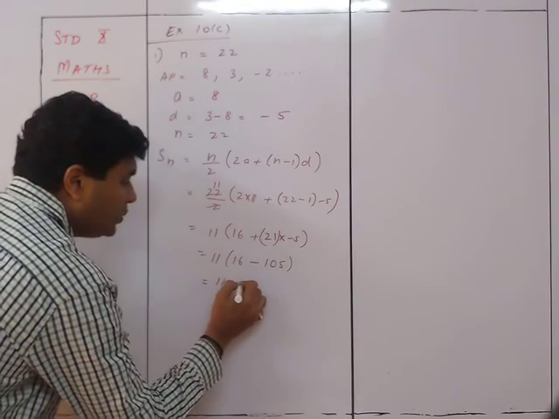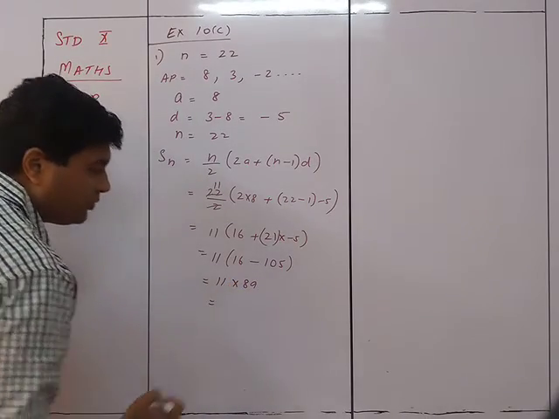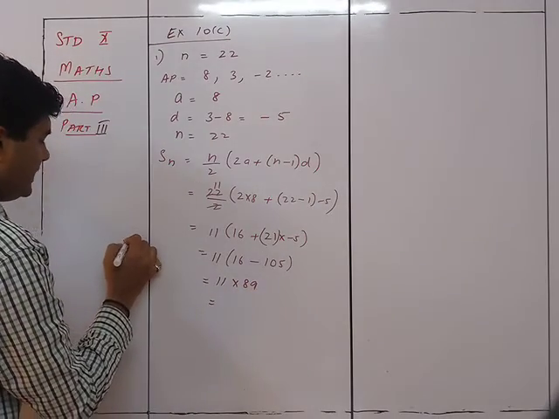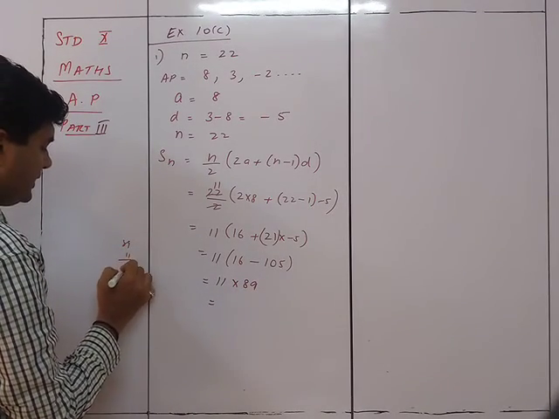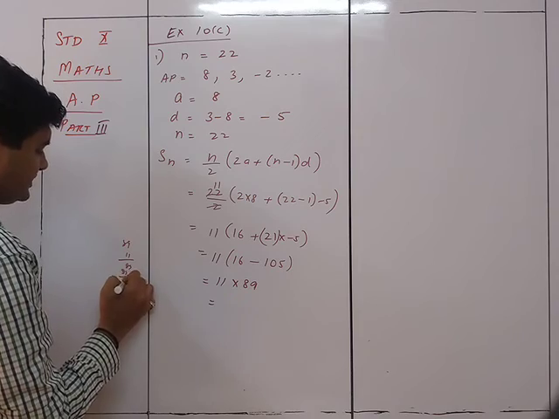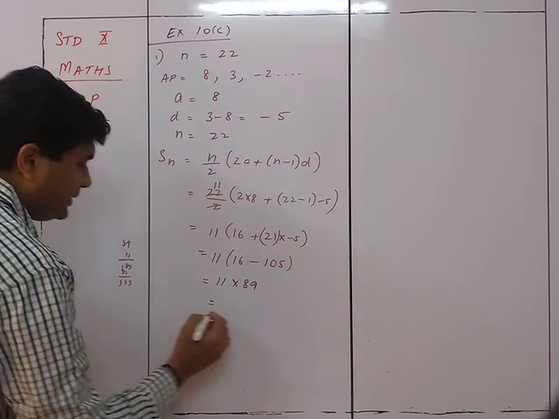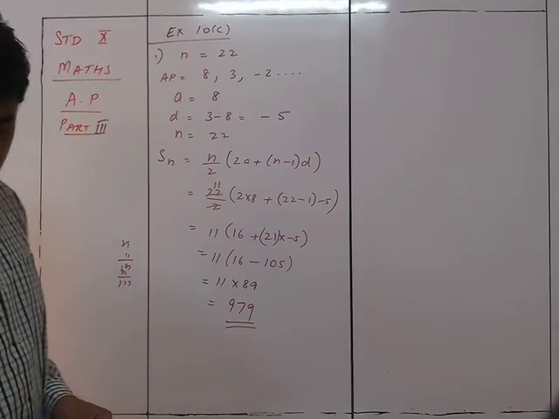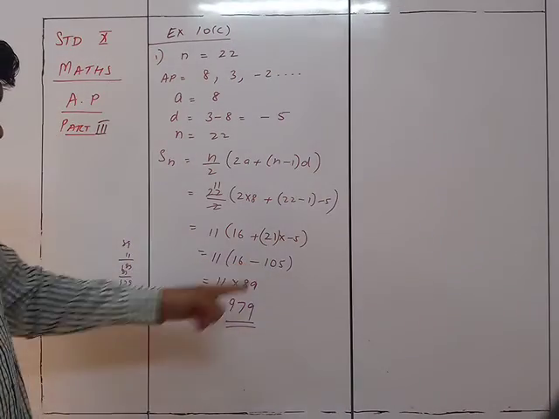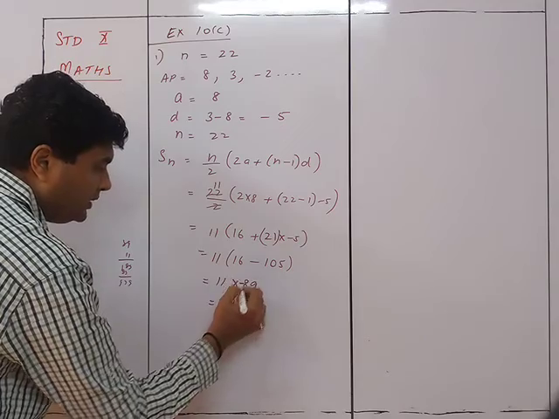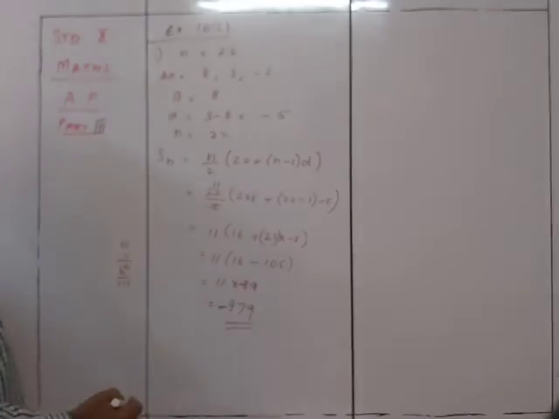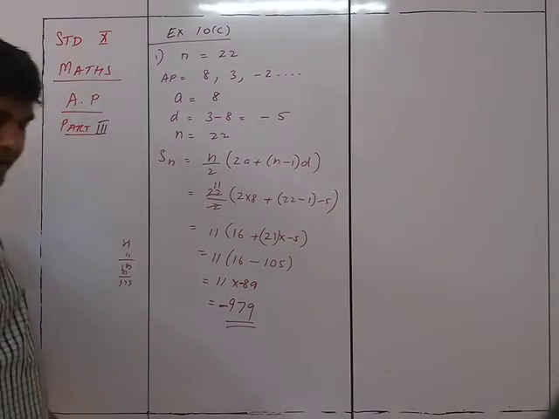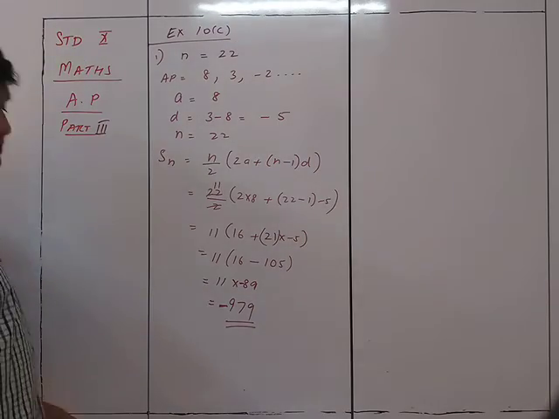So 11 into 89 is 979. There is a minus sign over here, so the answer is minus 979 for sum number 1.